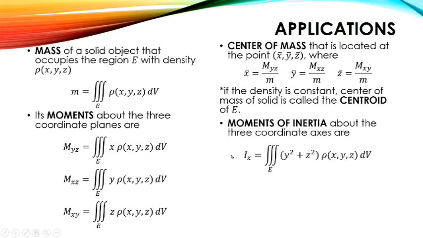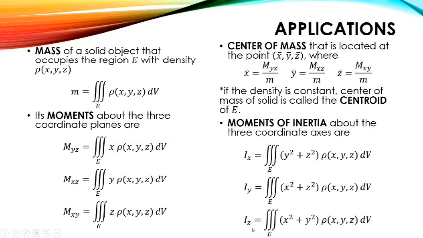We have the moment of inertia about the x-axis, which is the triple integral of y squared plus z squared times the density function dV. The moment of inertia about the y-axis is the triple integral of x squared plus z squared. The missing variable is the axis. Okay? Same with the inertia about the z-axis.